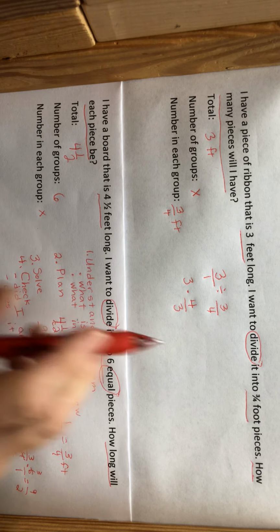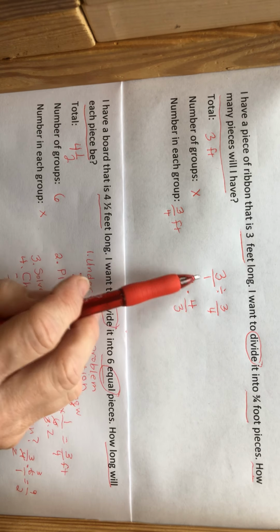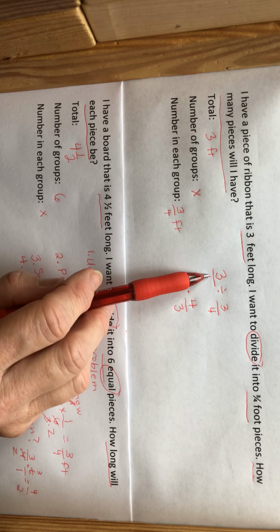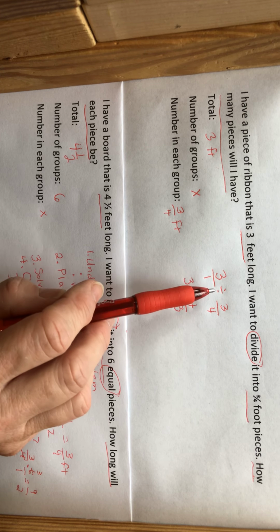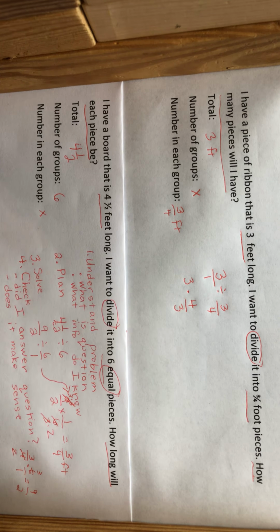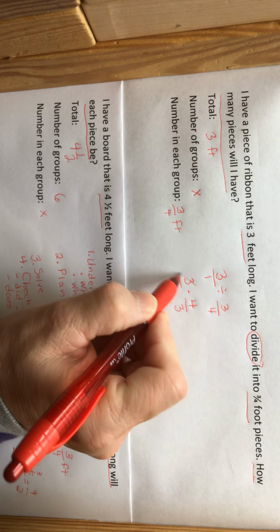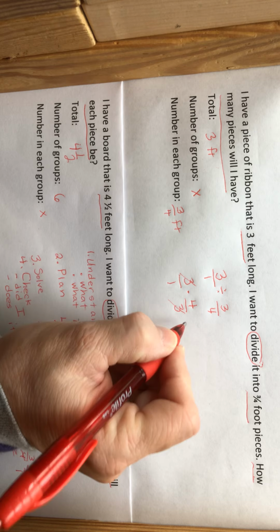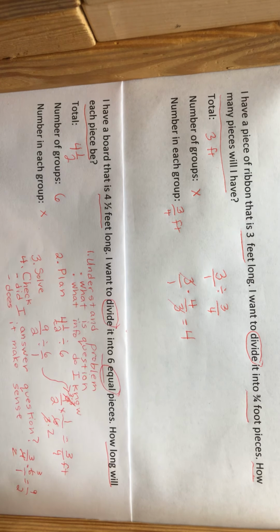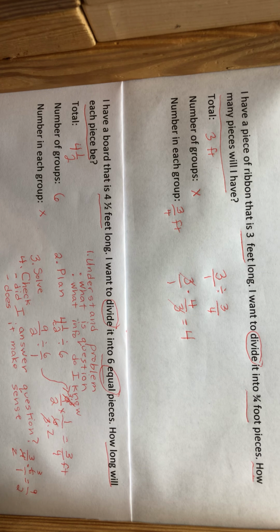So 3 times the reciprocal. Don't get mixed up. You don't do the reciprocal of the first number. You multiply by the reciprocal. Okay, so this, we can cancel out these 3's and we get 4. So the number of groups is 4 groups.